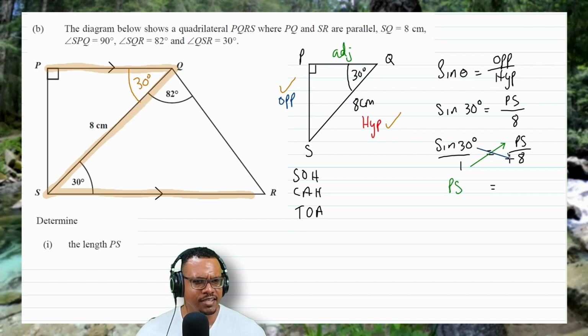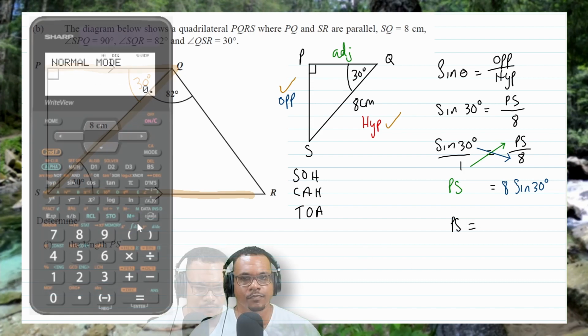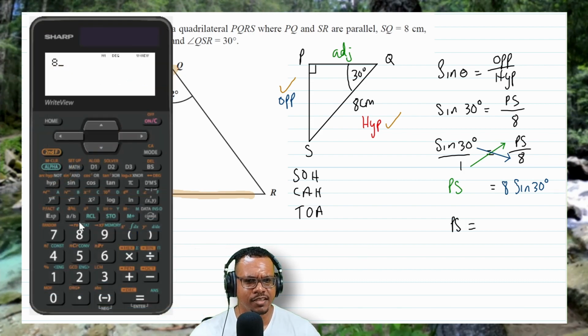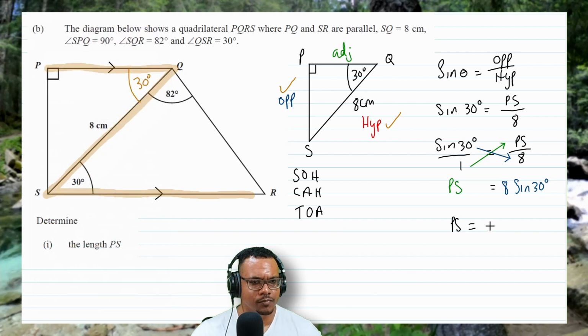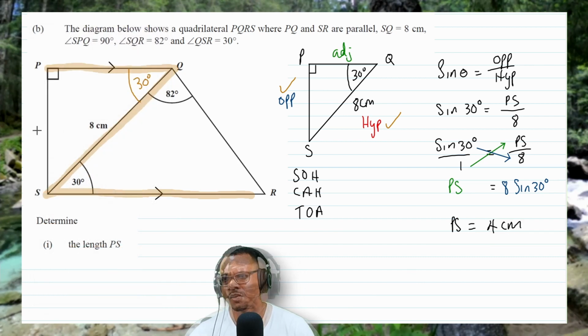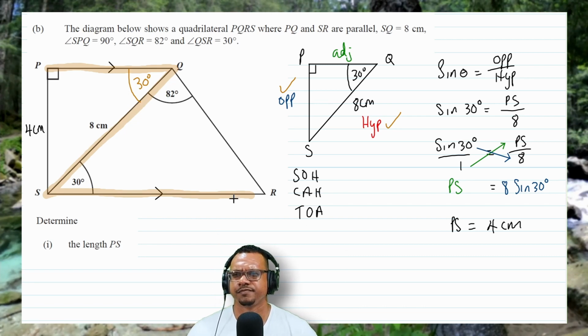And sine 30 times 8 will give us 8 times sine 30 degrees. So PS is equal to, all right, we just type on our calculator, 8 sine 30, and we get 4. All right, so that's 4 centimeters. All right, so let's put in this length here as 4 centimeters.